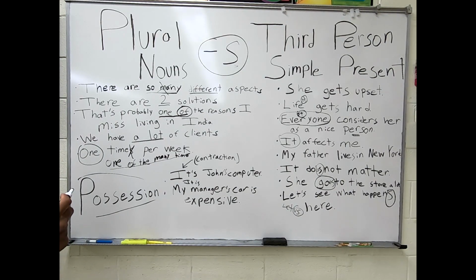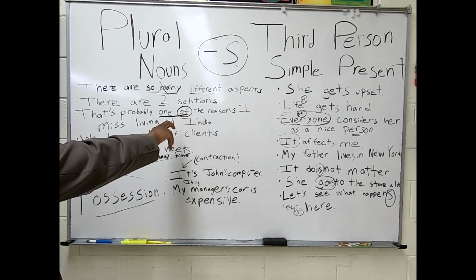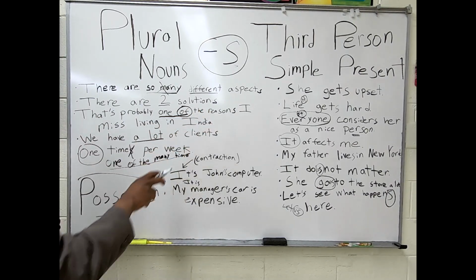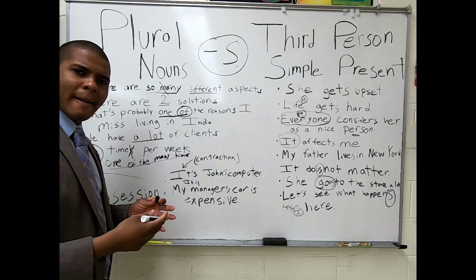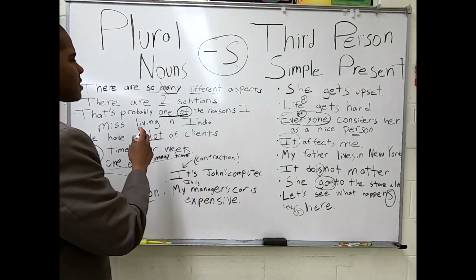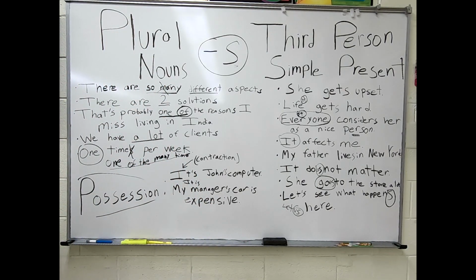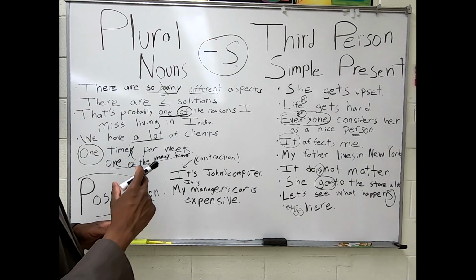Okay. It's one of what? One of one reason? No, it's one of multiple reasons. One of many reasons. So therefore, we want to use the S there. All right. So let's just keep this in mind here, okay, to use these things.